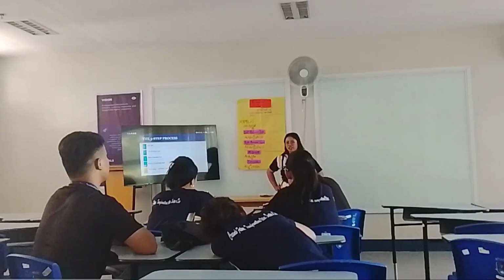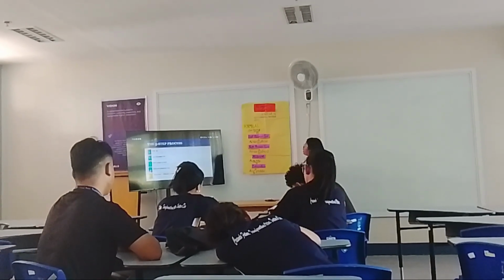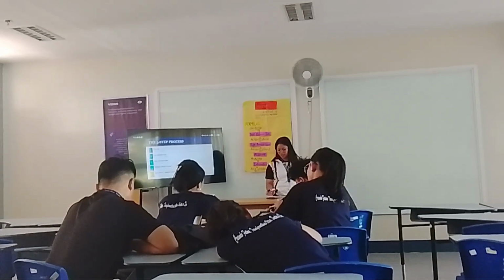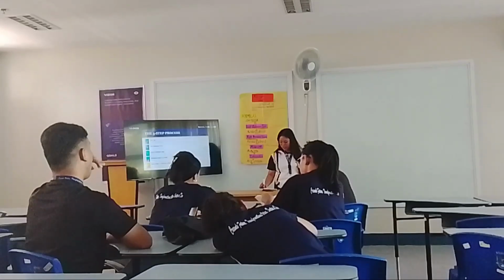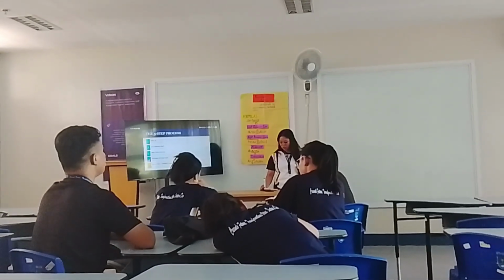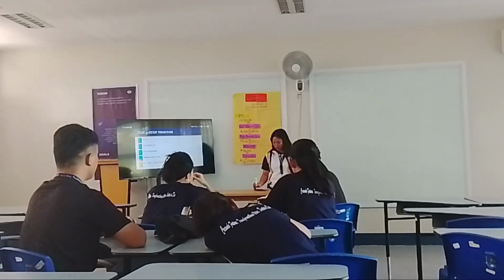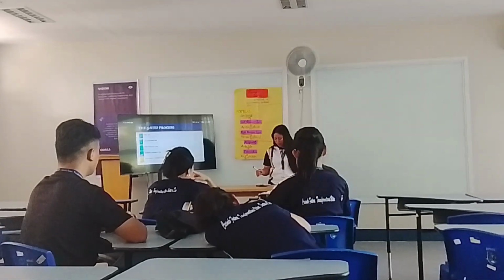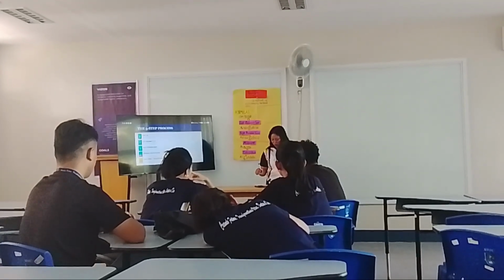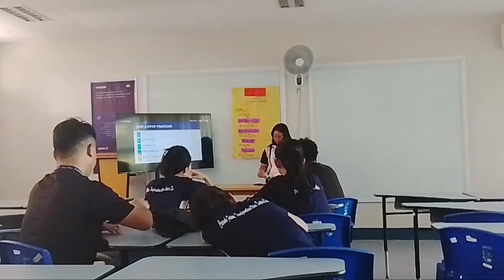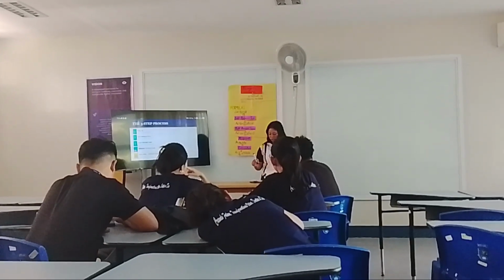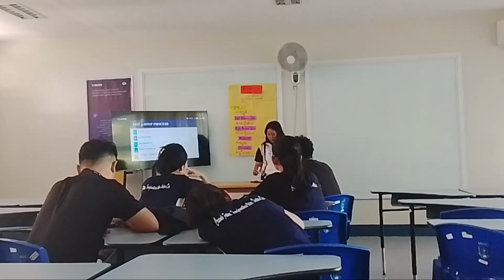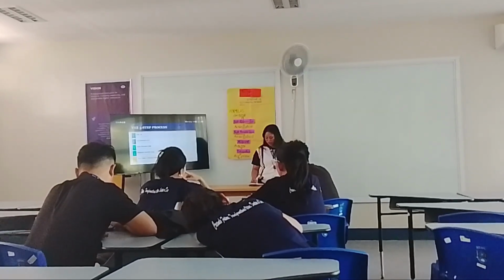So before we start our discussion, let me talk about the Riemann sums. So what is Riemann sums? Riemann sums is a method of approximating the total area under the curve on a given interval by dividing that interval into smaller equal subintervals, constructing a rectangle on each subinterval and then adding up the areas of all the rectangles.